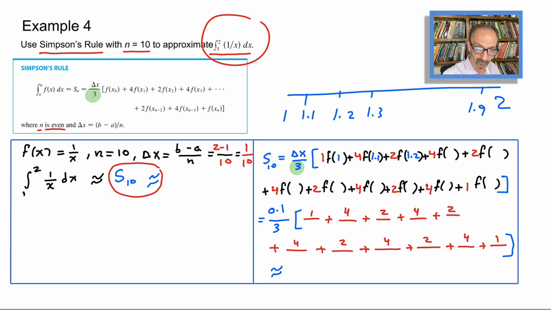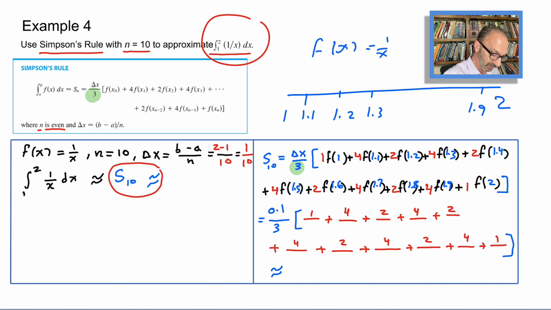Notice the 4 to 4 inside. f of 1.3, 1.4, 1.5, 1.6, 1.7, 1.8, 1.9, and f of 2. Now, f of x is 1 over x.